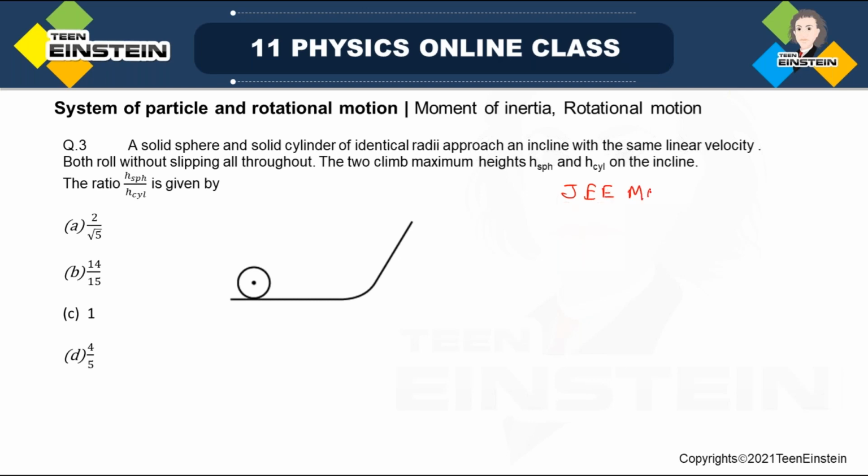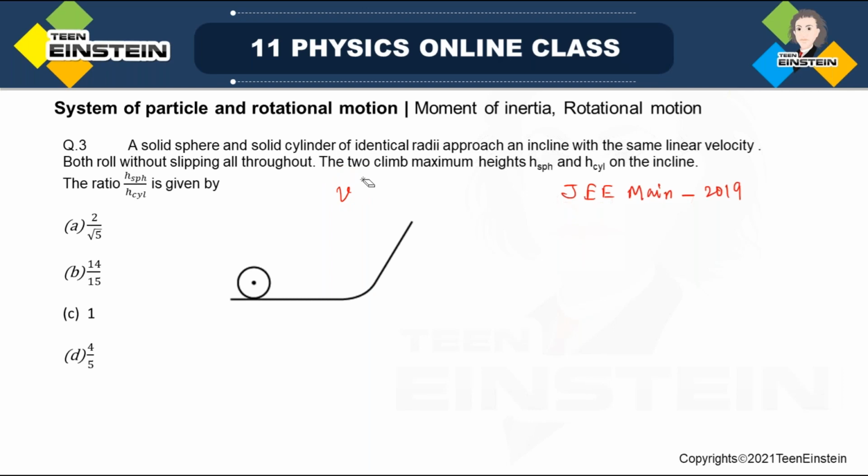Here the problem is that a solid sphere and a solid cylinder of identical radii approach an inclined plane with the same linear velocity. Suppose they both have the same linear velocity, I'm sorry, linear velocity is v, the same linear velocity v.